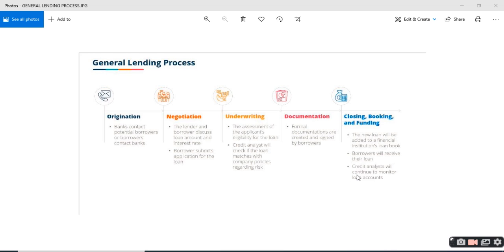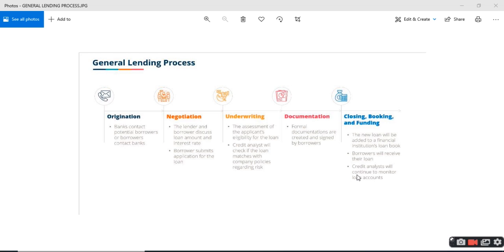At this level, the bank is going to design an agreement between the bank or the financial institution and the borrower. And after the documentation process, we have closing, booking, and funding.